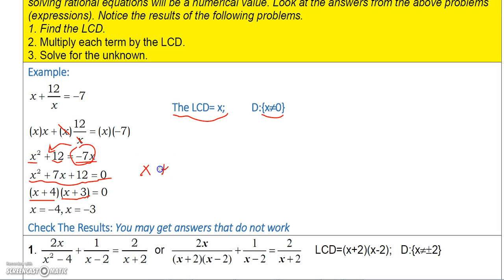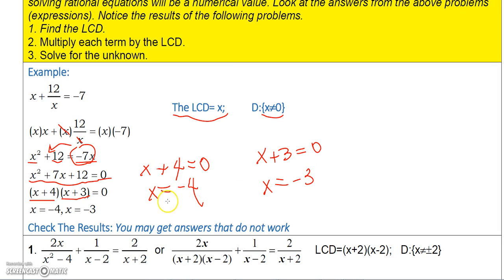So if I set x plus 4 equal to 0 and solve that equation, I get x equals negative 4. And then if I set x plus 3 equal to 0 and solve that one, I get x equals negative 3. So your two solutions would be negative 4 and negative 3.